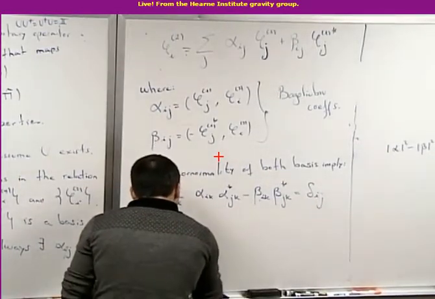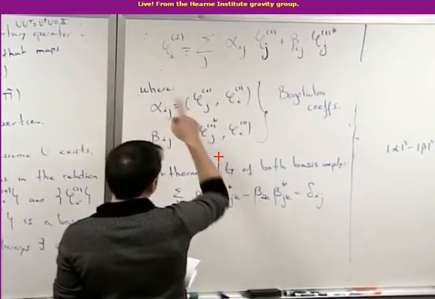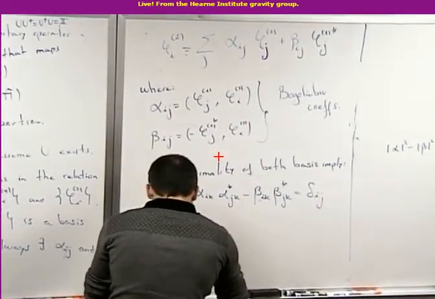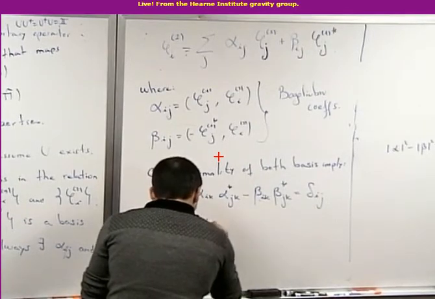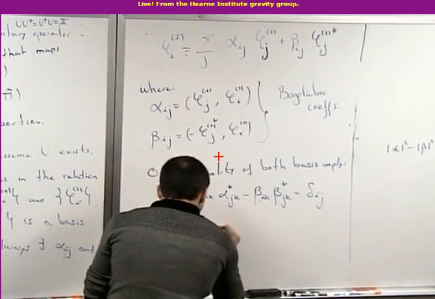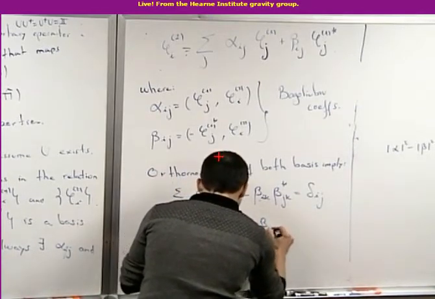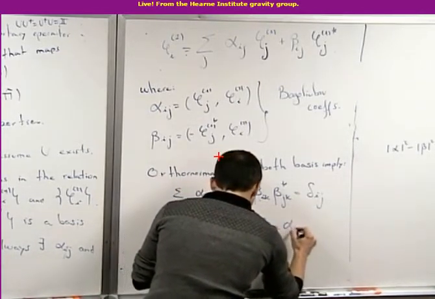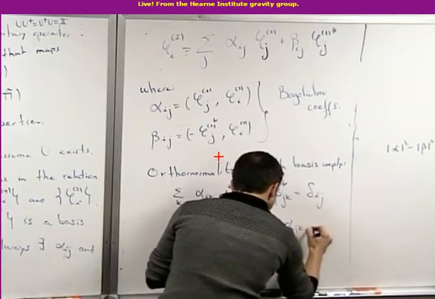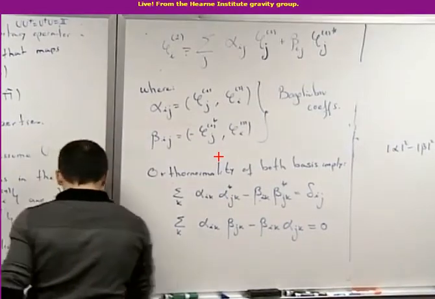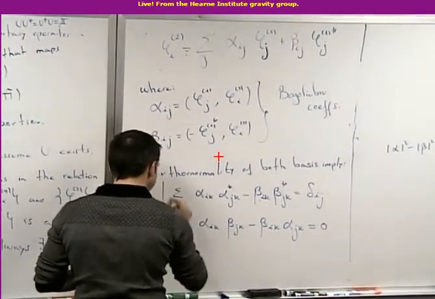And there is another one which has to do with the fact that this guy and this guy are orthogonal to each other, which is alpha_ik beta... These are the relations that they must satisfy.